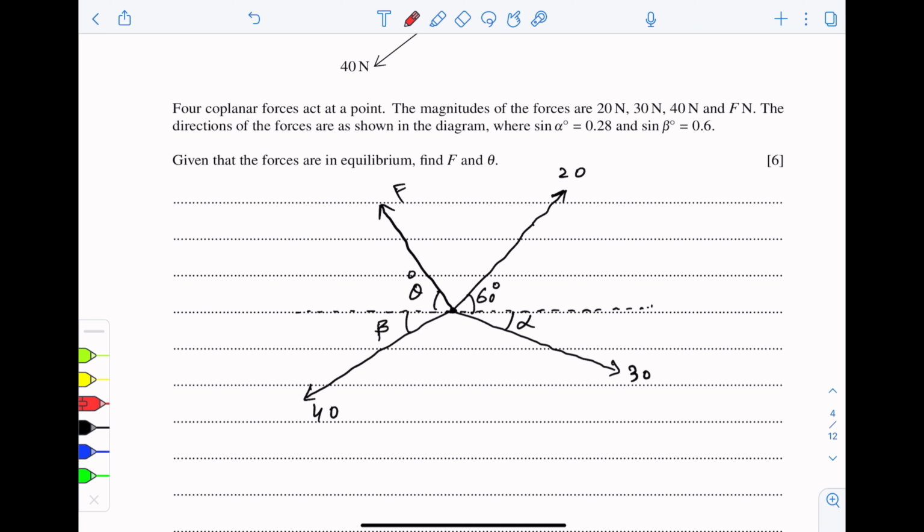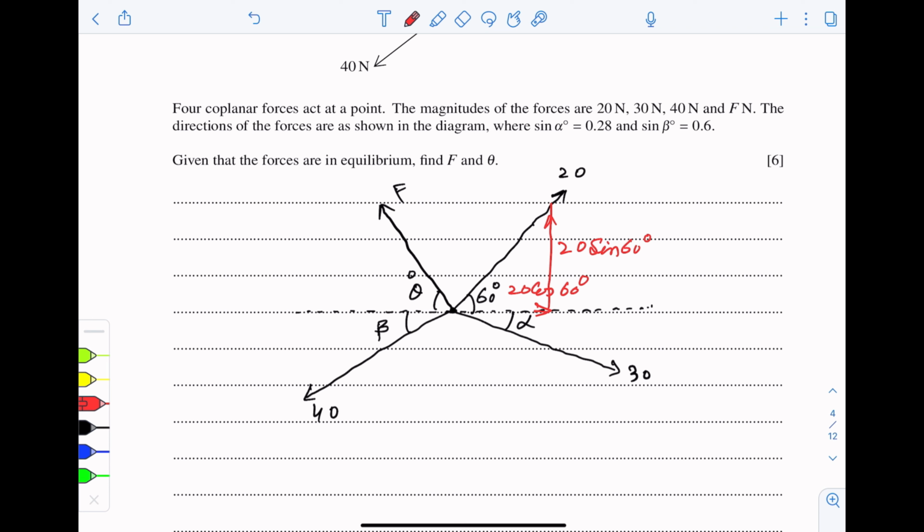First we resolve the 20 Newton force. This is the X component, this is the Y component of this force. So this will be 20 sin 60 degree, and this component is 20 cos 60 degree.